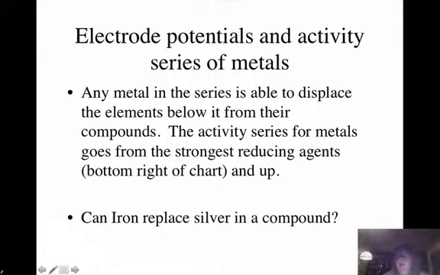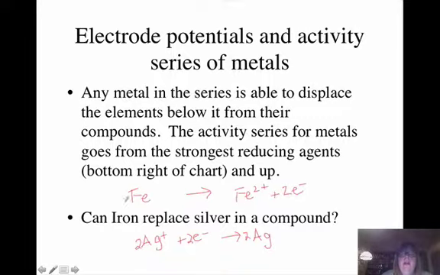And so iron, plain old Fe, going to Fe2 plus, will replace the silver, which would be in a solution with something. And we would need a 2 here and a 2 here and a 2 here. Because the iron is oxidized, its potential would be, let's see, a positive 0.44.